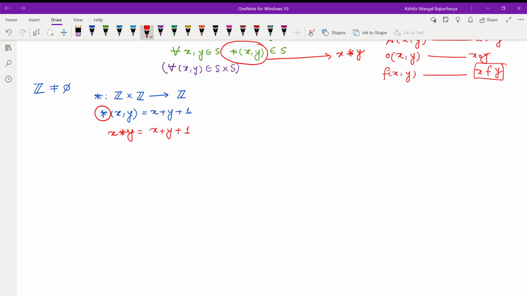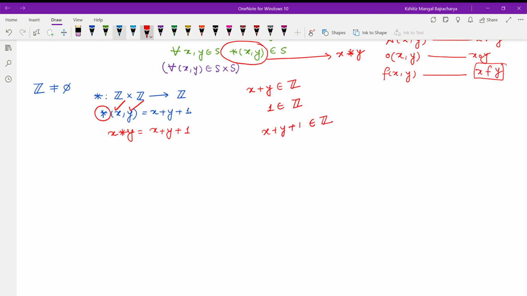Now let's see. x is an integer, y is an integer. So x plus y is an integer, and since 1 is also an integer, x plus y plus 1 is an integer.